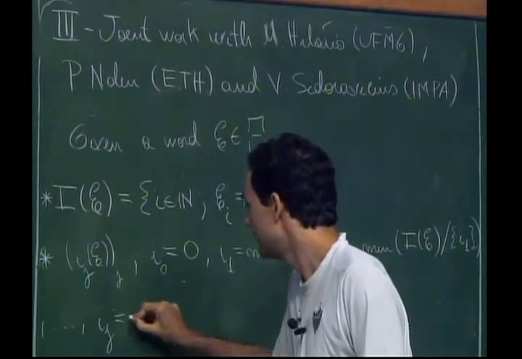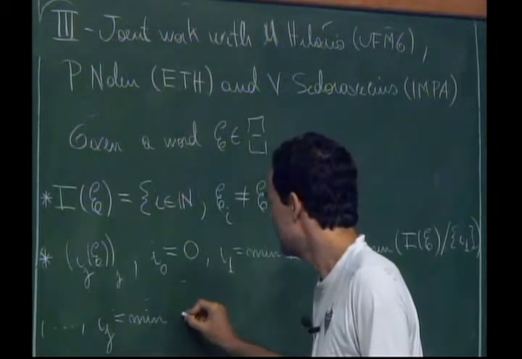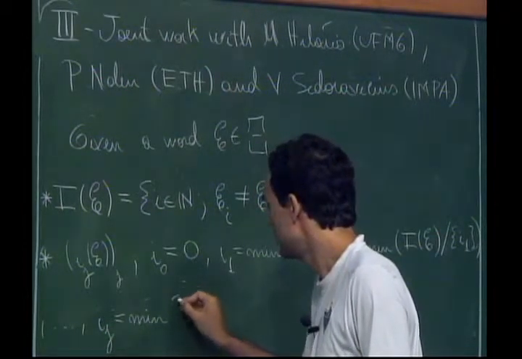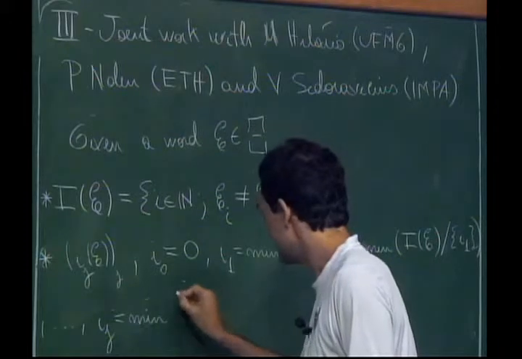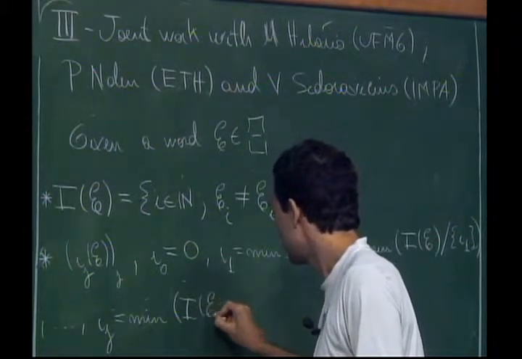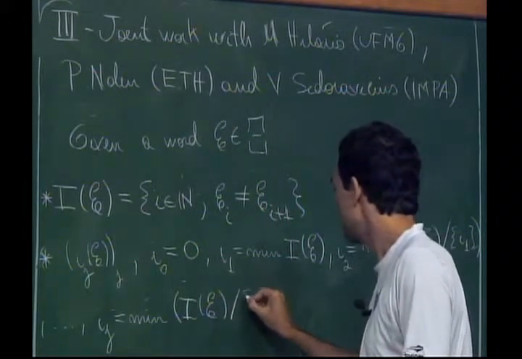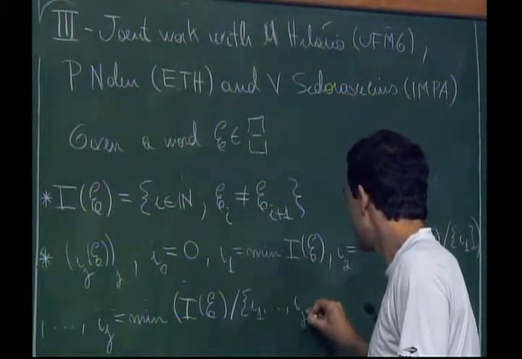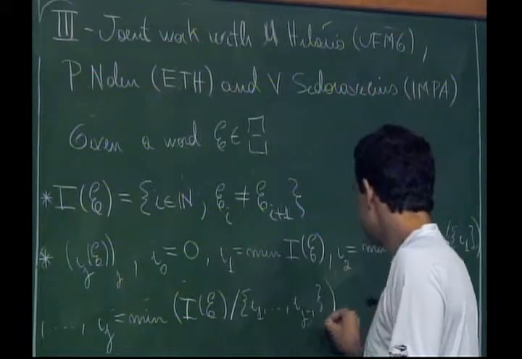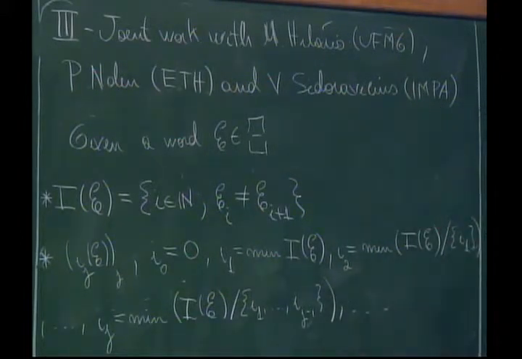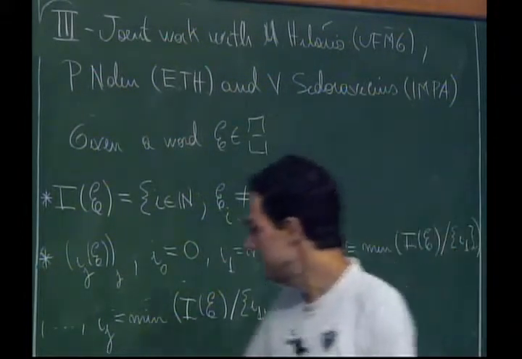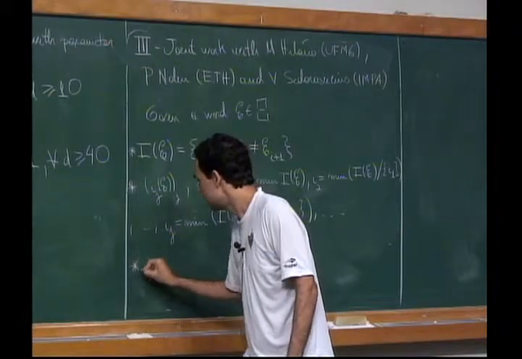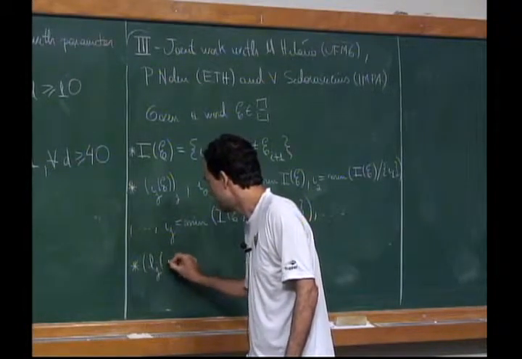I_j is the minimum of the set I minus {I_1, ..., I_{j-1}}.